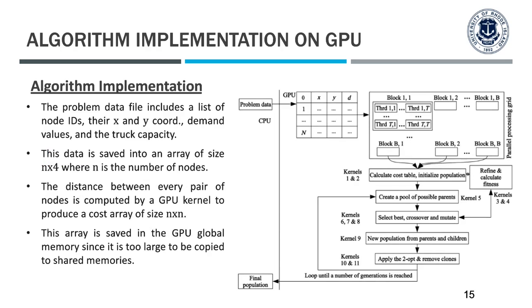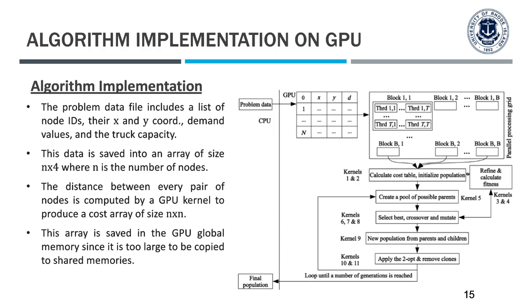Our algorithm implementation can be illustrated by the figure on the right side, where the problem data that includes the list of node IDs, their x and y coordinates, the demand values, and the truck capacity is loaded to the CPU. The CPU takes this information and creates an n by 4 array, where n is the number of nodes, and then uploads it to the GPU.